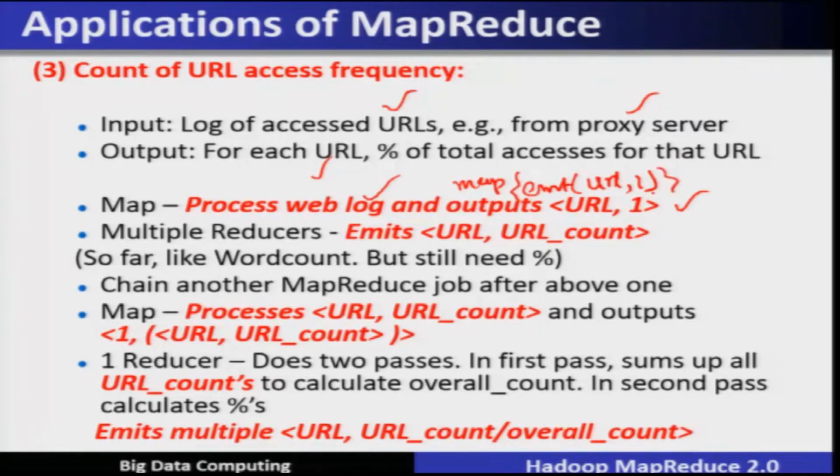Now, to find out this access frequency in percentage, it requires multiple reducers. The first reducer will emit the URL and the URL count, doing this for every URL. It is just like the word count program.